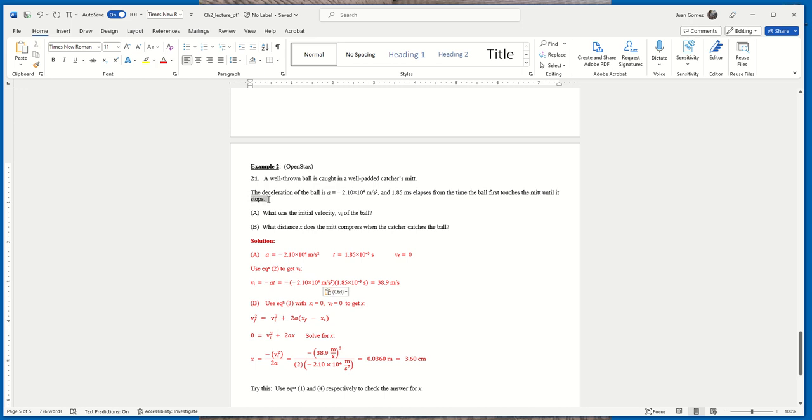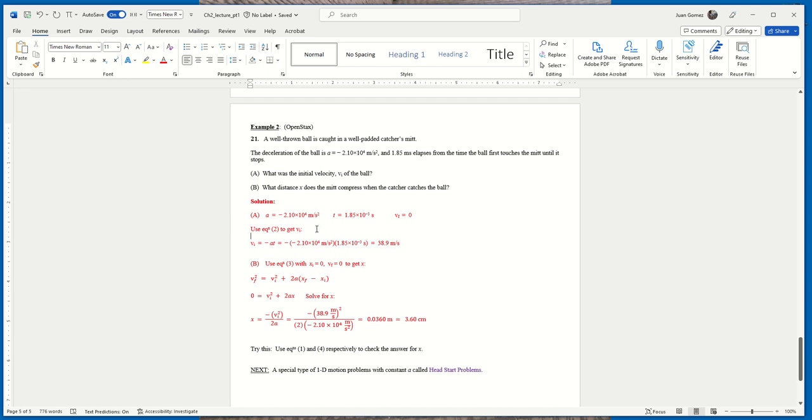Right away, what do we know about VF? It's 0. So part A, I want to know VI. What is the initial velocity of the ball? Well, again, let's look at what you're given. You know that the acceleration is minus 2.10 times 10 to the 4th meters per second squared. How do you know that? Well, it's given.